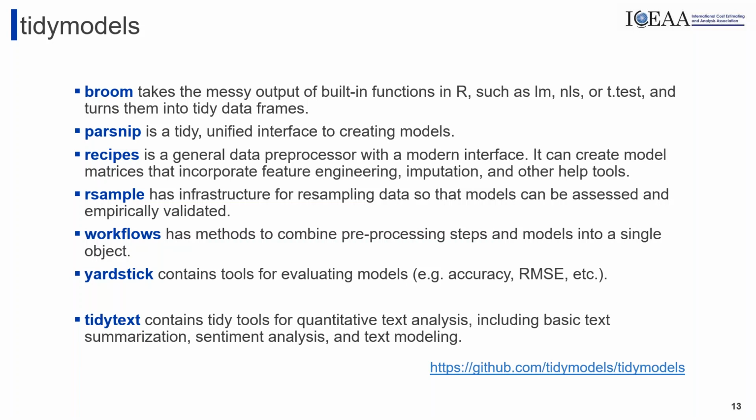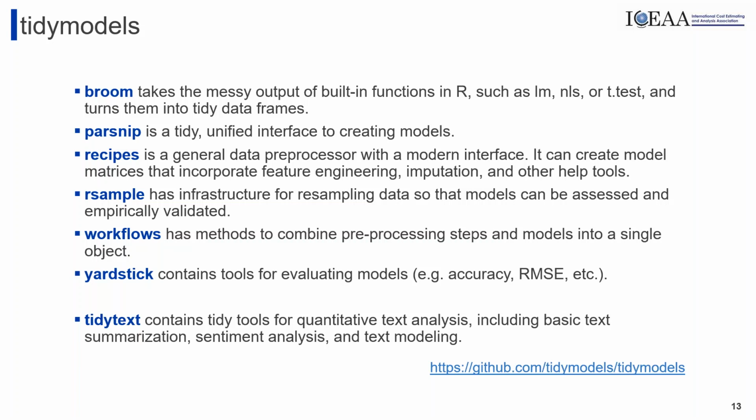Recipes helps you set up pre-processing steps, and that way you can change the data and just rerun those series of steps and have it redo it. Rsample does things like sampling and resampling methods, as you're trying to do bootstrap and boosting, things like that. Workflows, I haven't dealt with much, but it does help you combine things into objects.